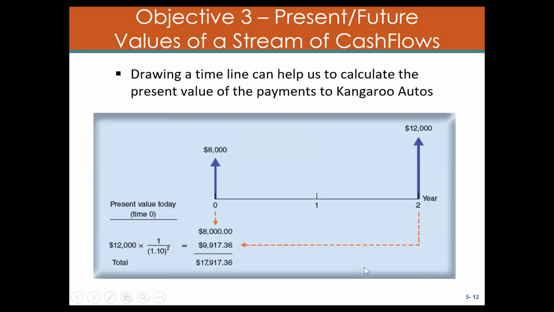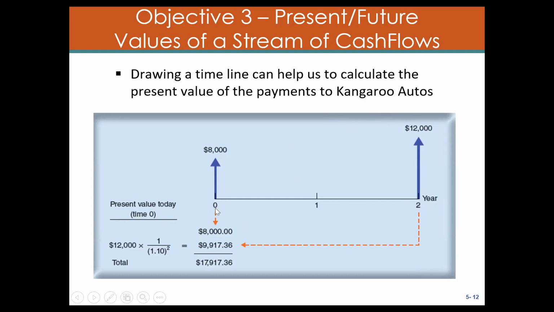Let's look at the timeline now. Over a time period, how to look at it in picture form. A timeline, if you draw it, helps you to calculate the present value. So in our book, they have talked about Kangaroo Autos, and they say that your cash flows are distributed as follows.